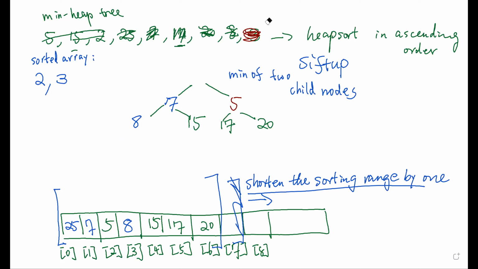Let me clean this a little bit. Then 25 is here. But the question is, is this a min heap tree? Clearly not.